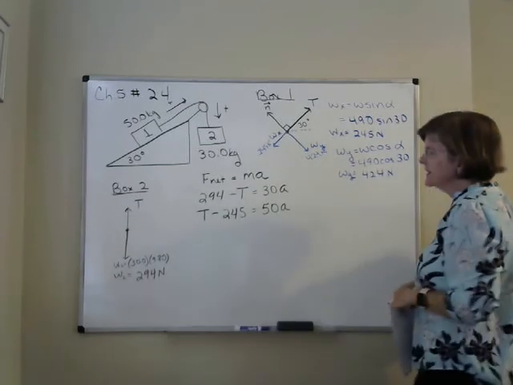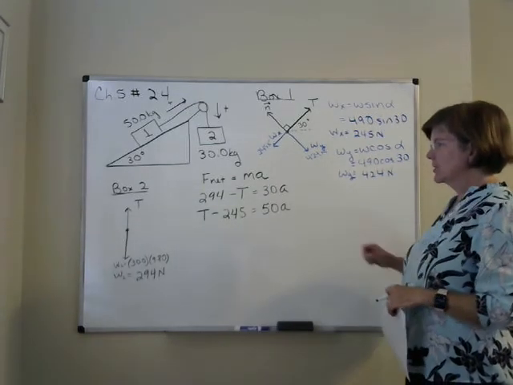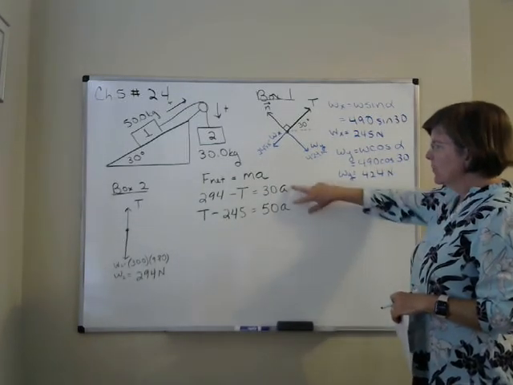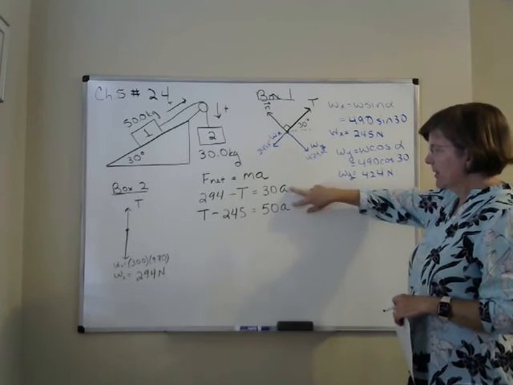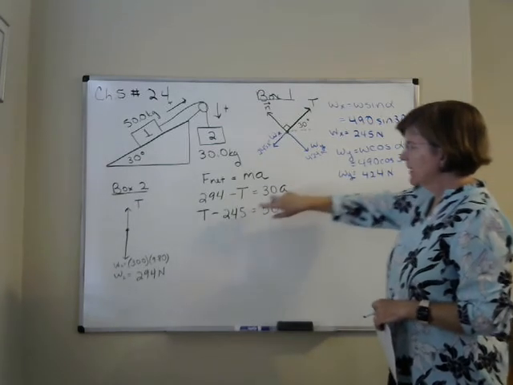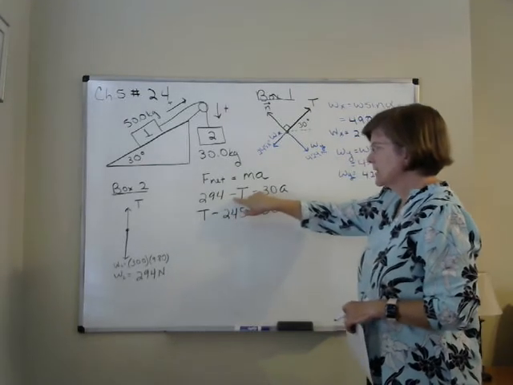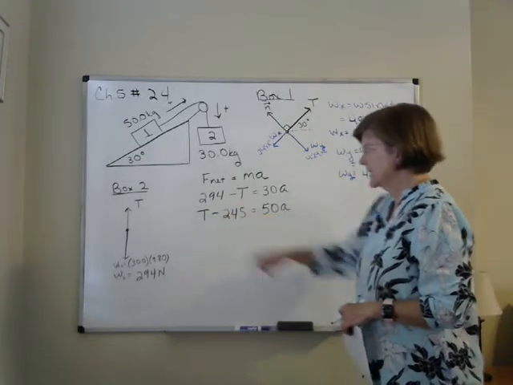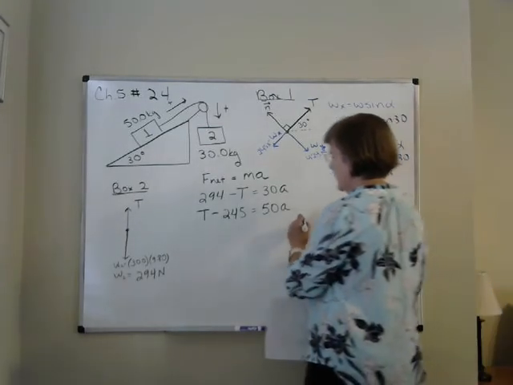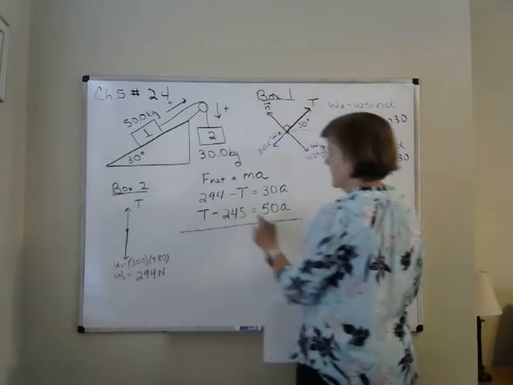Okay, this is really easy to solve because it's just a simple system of equations. We know the acceleration is the same for both of them. We know the tension is the same for both of them. Notice this has a negative T, this has a positive T. So if I add these up, the T's are going to cancel.